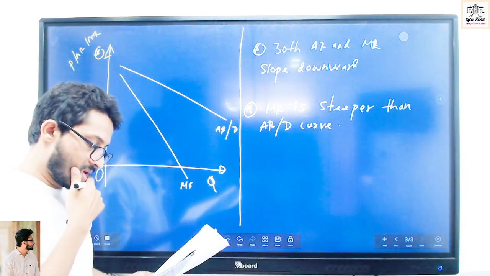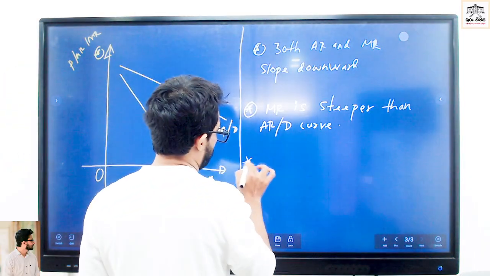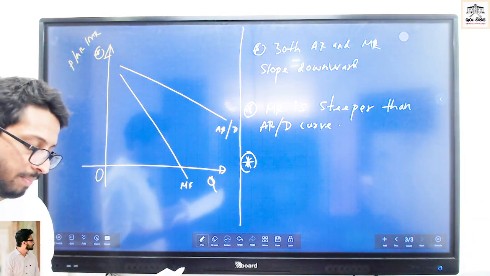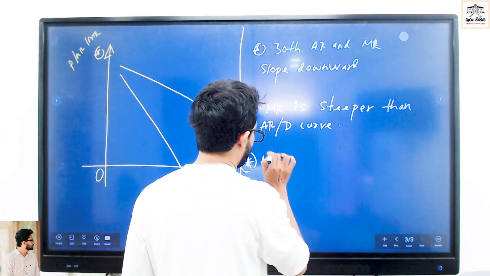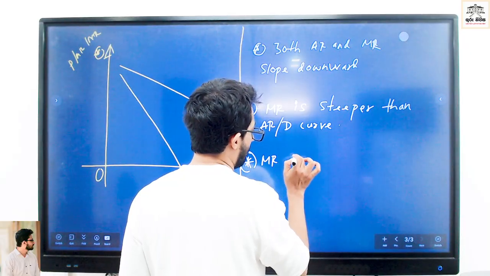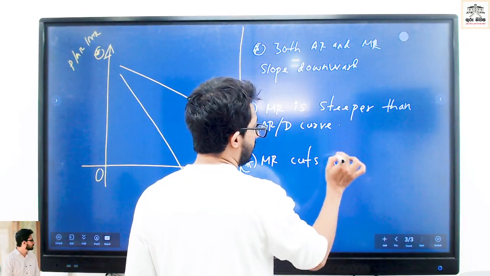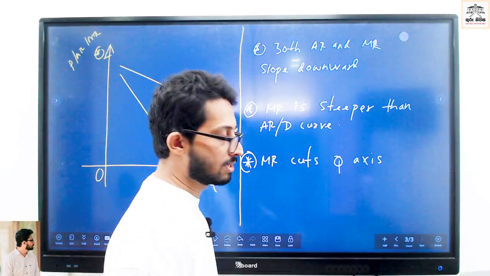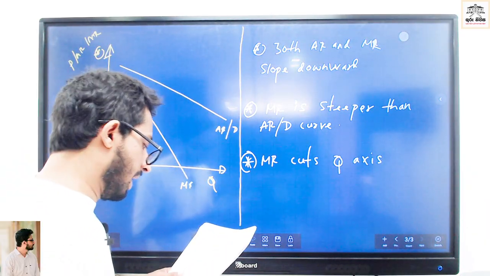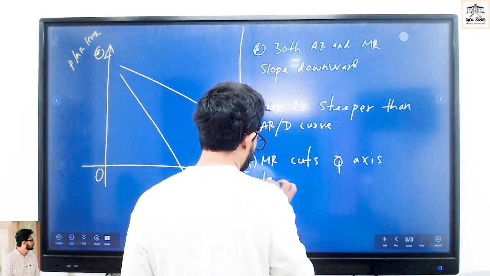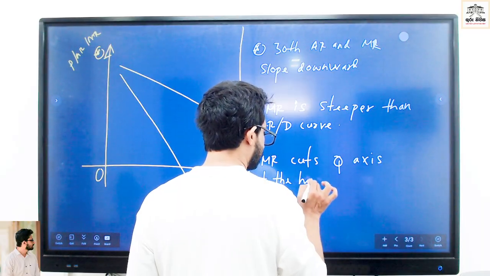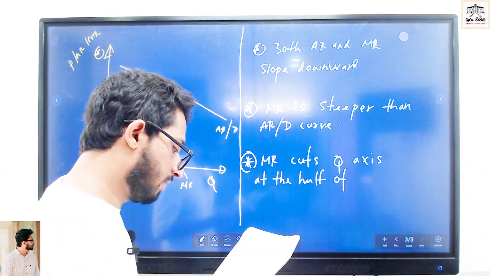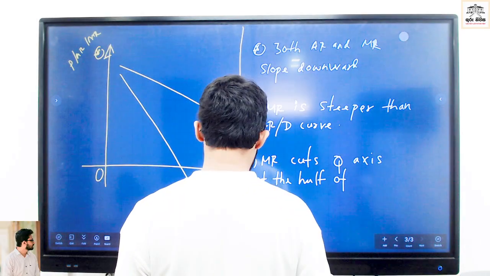And there's another additional point, which I would remember if I were you: the marginal revenue curve, MR, cuts the quantity axis, the Q axis, at half the distance of AR.